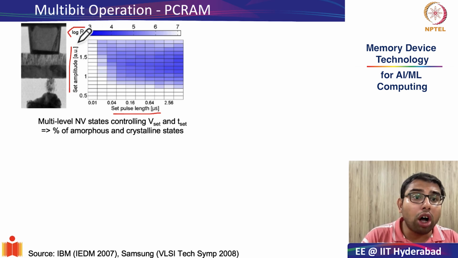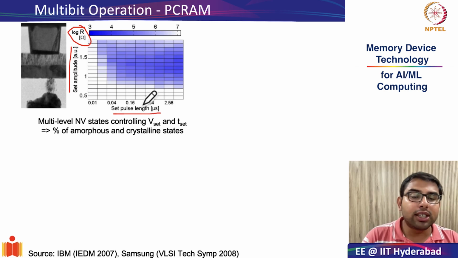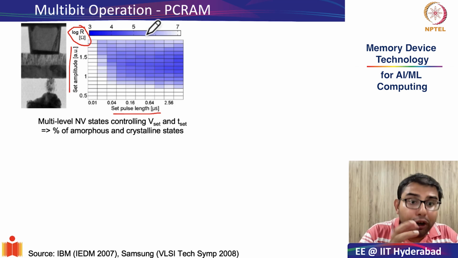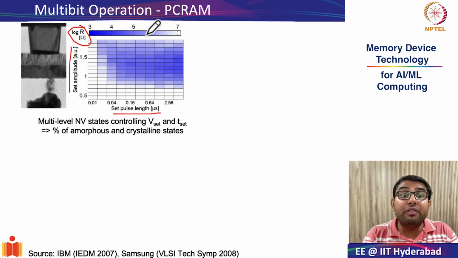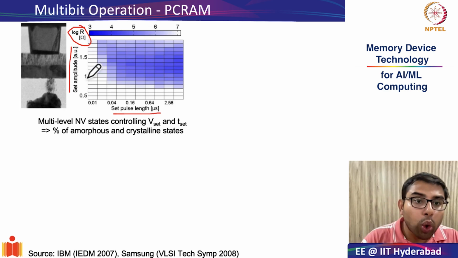See, this is log of resistance. So basically, by tuning the amplitude and width of the set pulse, you are able to have different percentages of conversion between amorphous and crystalline phase. So look at this. This is very high resistance.